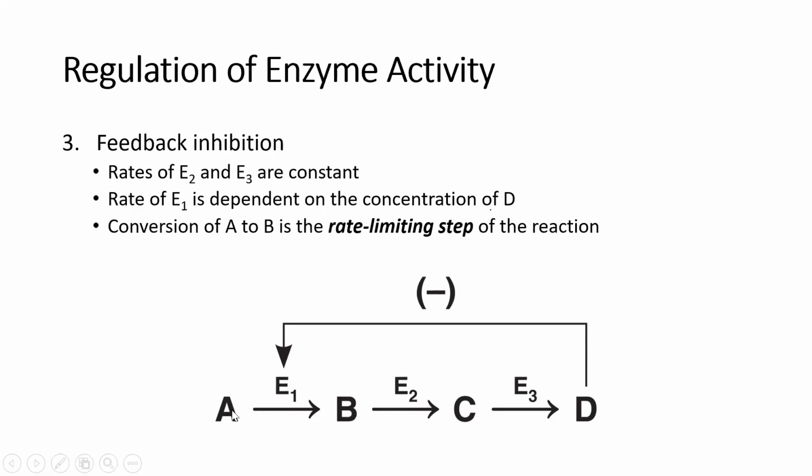This is the step that determines the entire rate of the reaction. So once again, if we have a lot of product D, then we decrease the rate of enzyme 1. And if we have a little bit of product D, then we can increase the rate of enzyme 1. So the rate limiting step will be the conversion of A to B via enzyme 1.